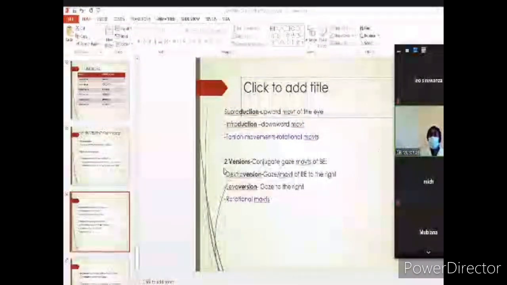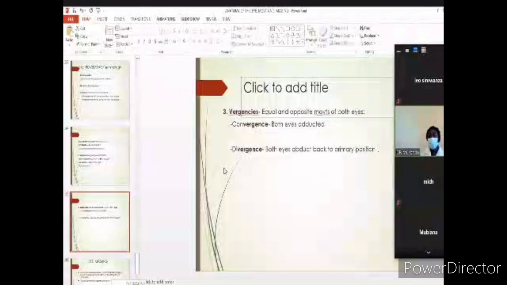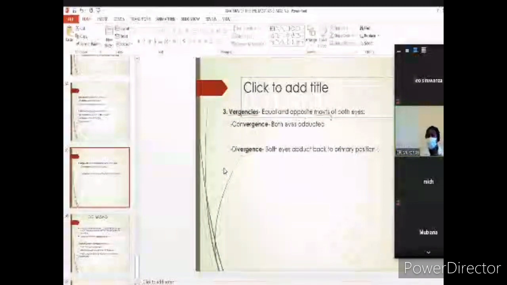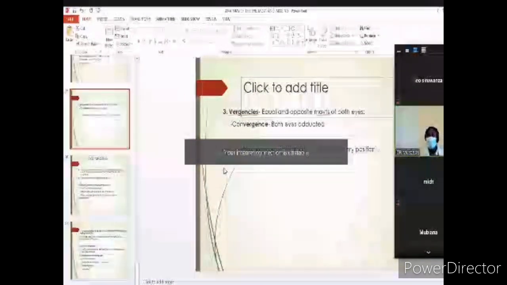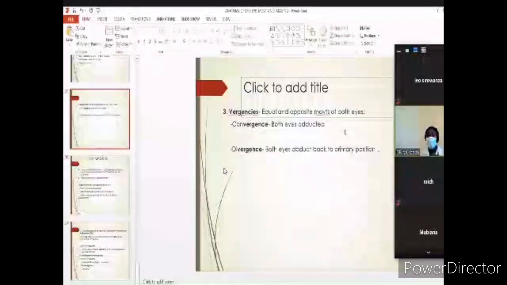Then when we come to vergences, these are equal and opposite movements of both eyes, okay? The first example of a vergence that we have is convergence. When you are writing or reading, both eyes will move in.